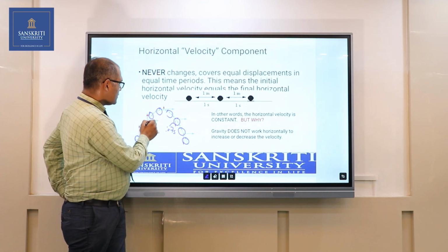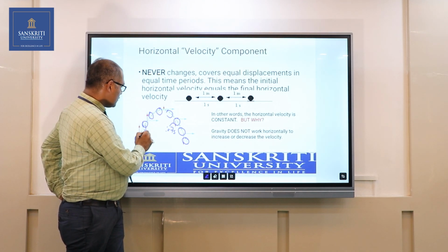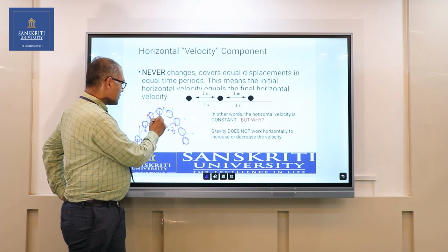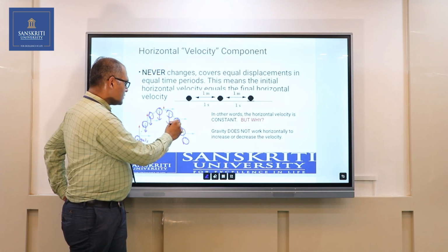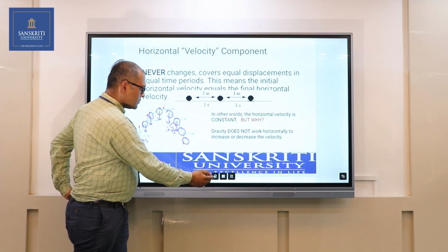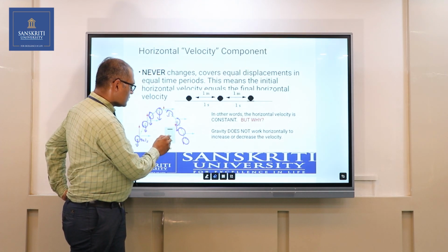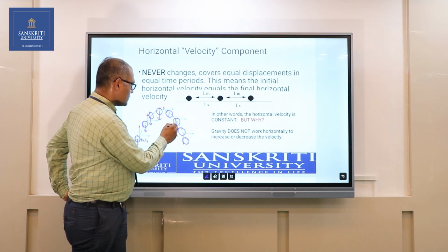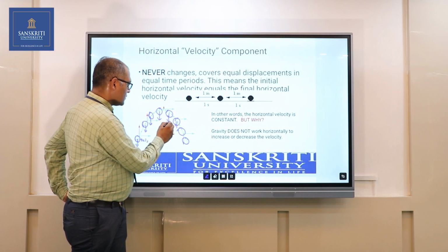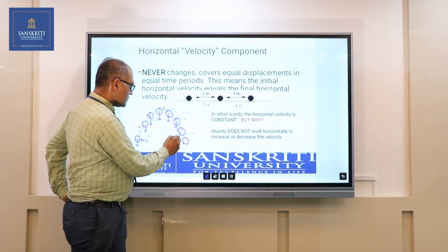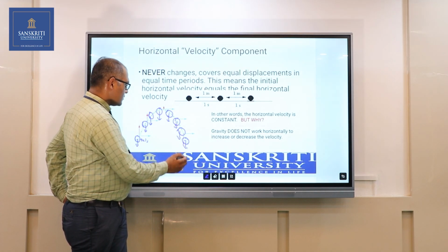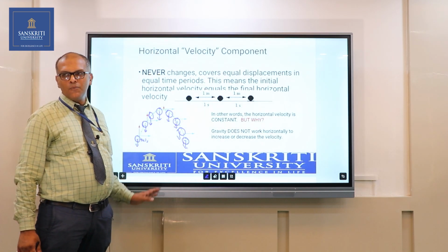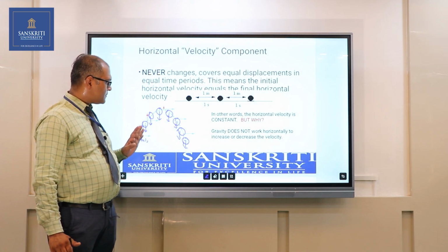At all instants, the force of gravity is acting downwards. The same force of gravity is acting upon the ball at all instants.